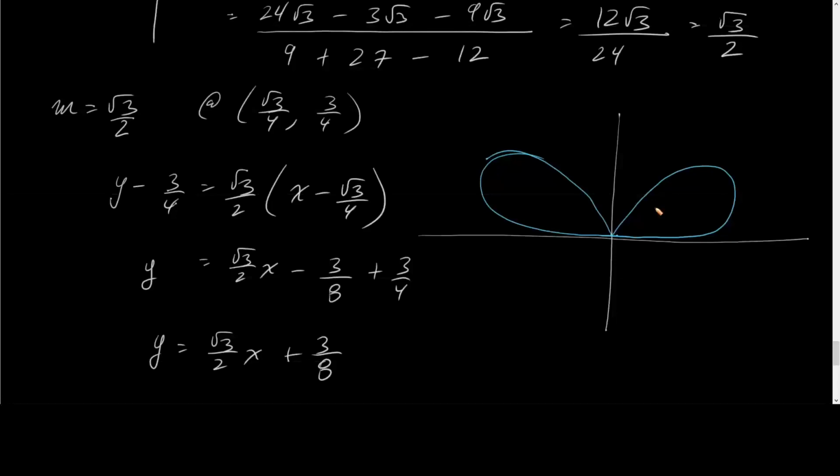Close enough. So in here, let's do it this way. This is 1. This is 1. So the point that we were working with was radical 3/4 and then 3/4. So at this point, we found the equation of the tangent line. So the equation of the tangent line here was y is equal to radical 3/2 x plus 3/8.